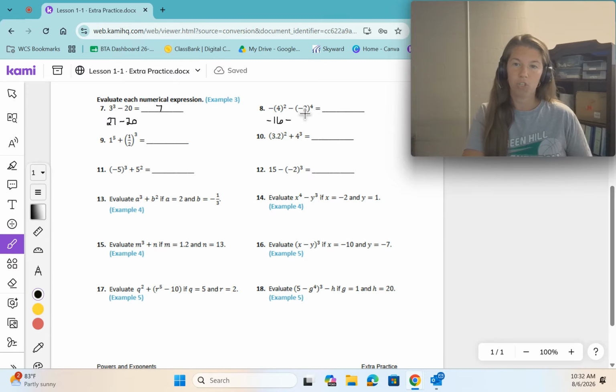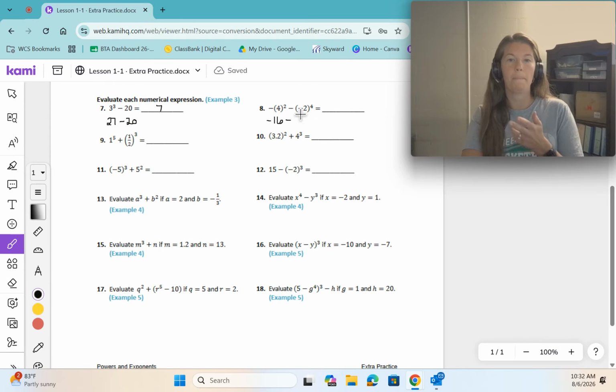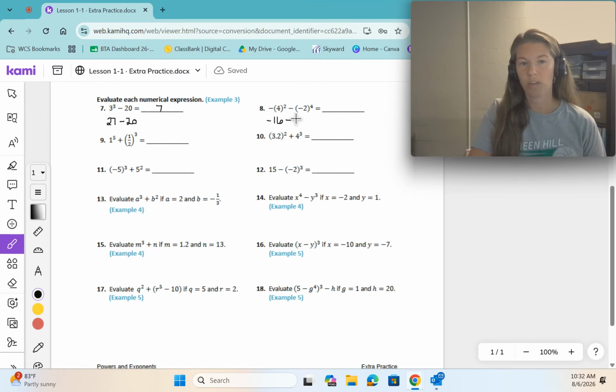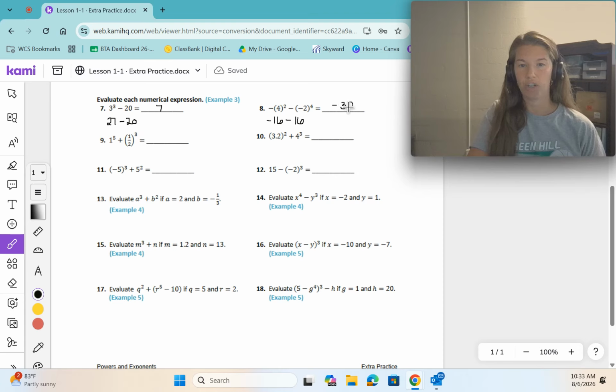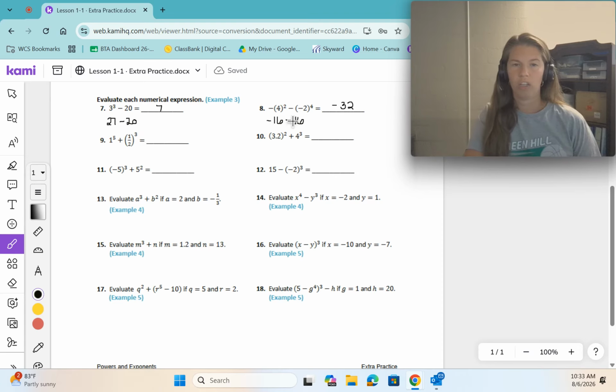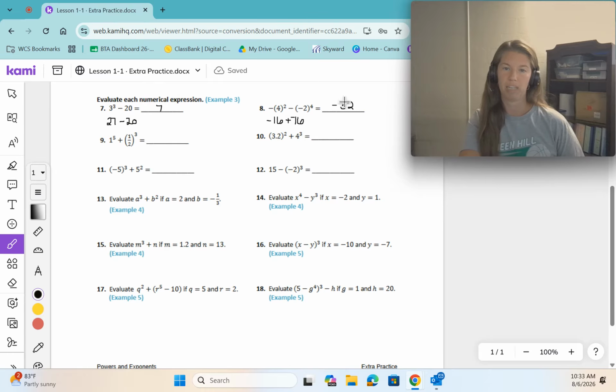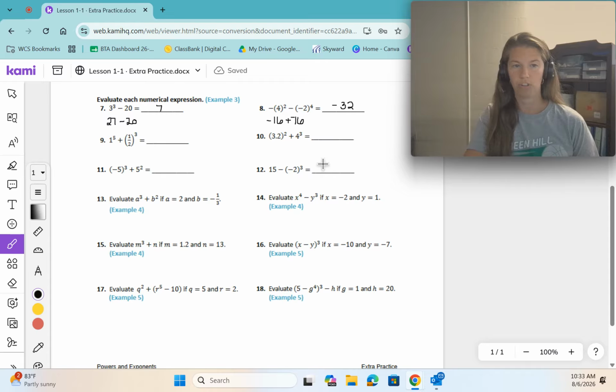Negative 2 times negative 2 is positive 4, times negative 2 is going to be negative 8, and then negative 8 times negative 2 is going to be positive 16. So we have negative 16 minus a positive 16, which is going to give you a negative 32. Your integer rules have you add a negative, and when you have same signs, we add them and keep the sign. So that's how we get our negative 32.